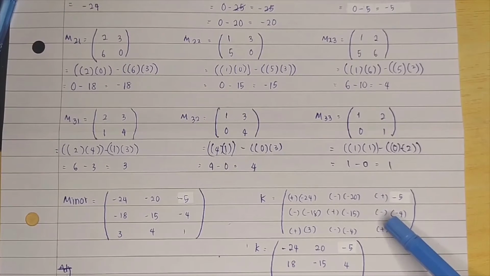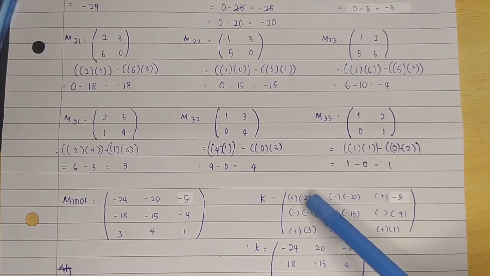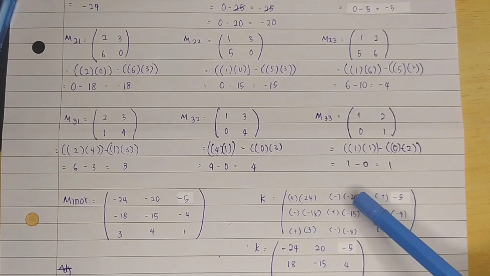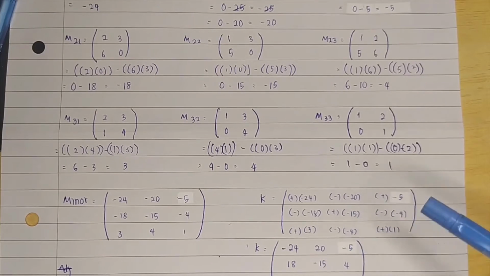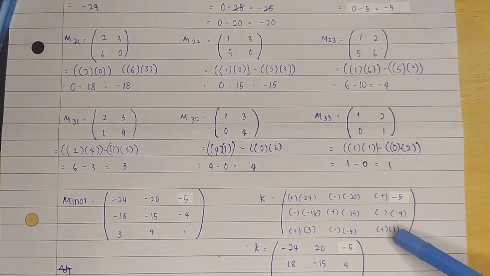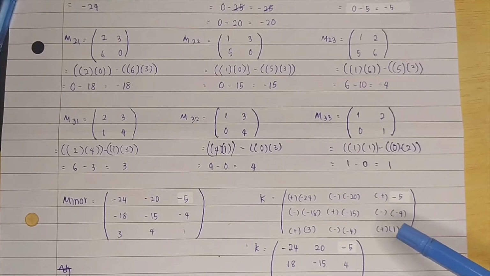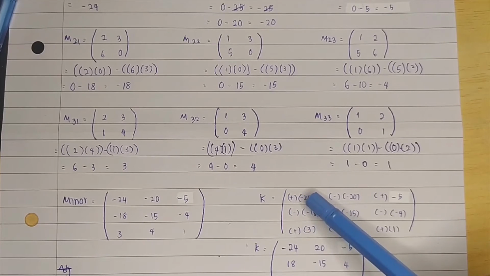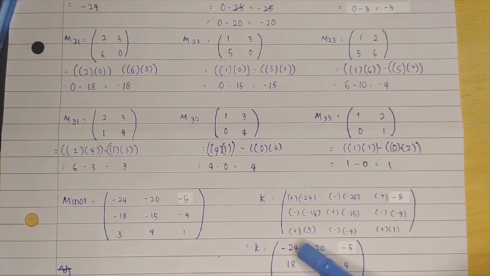The pattern is positive, negative, positive, then negative, positive, negative, then positive, negative, positive. After multiplying, positive multiplied with a number makes no difference, so the answer will be negative 24.